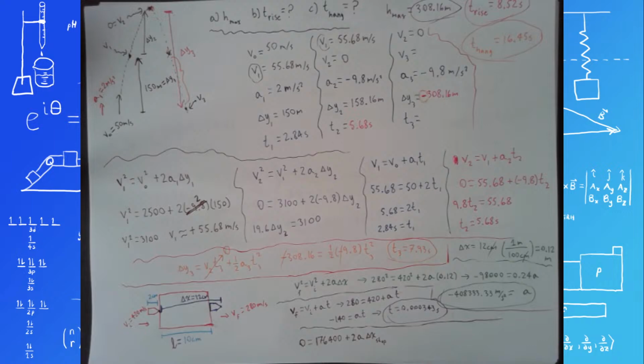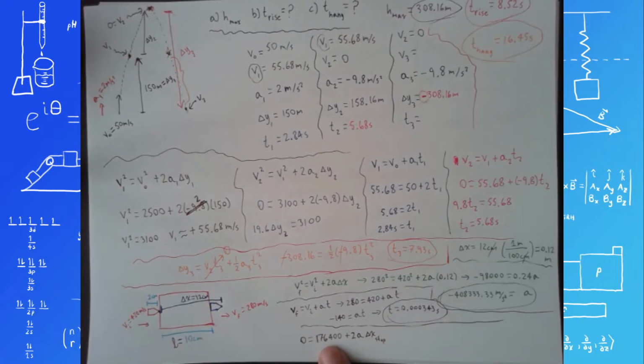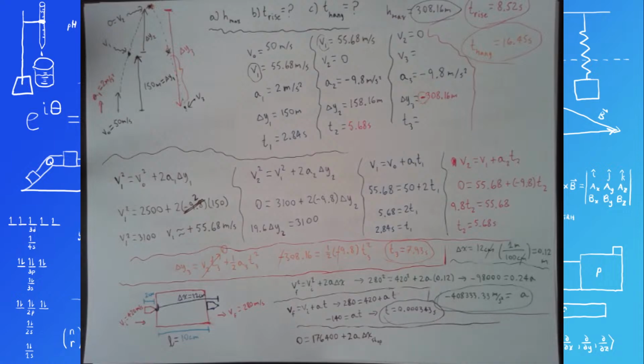Okay, so I can subtract 176,400 on both sides and then do negative 176,400 divided by parentheses 2 times that mess. Let me see if it's still in my calculator memory so I can copy it over. Yes, it is.